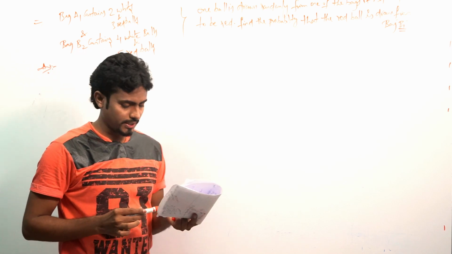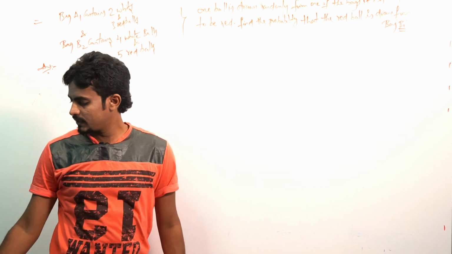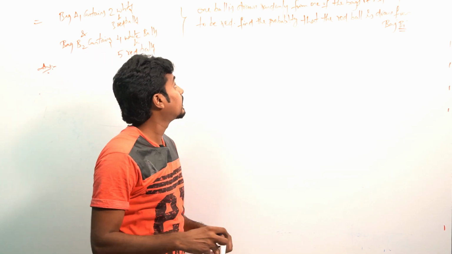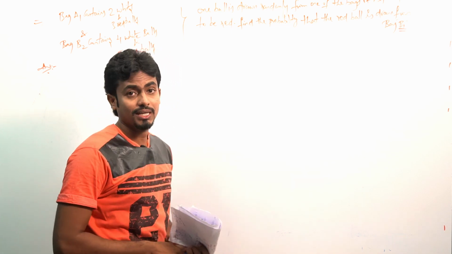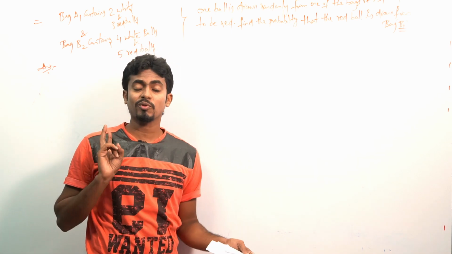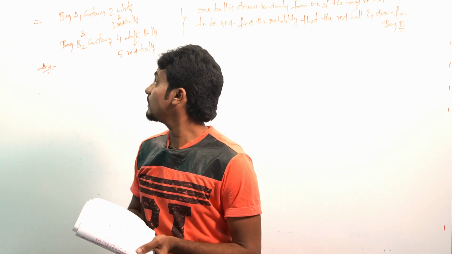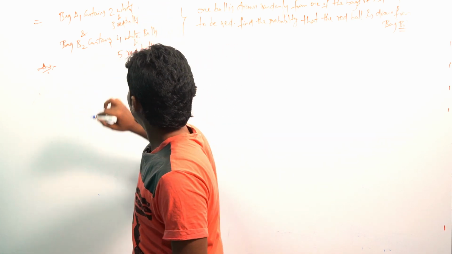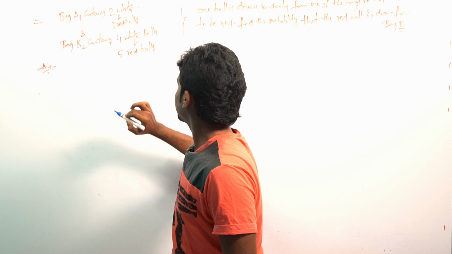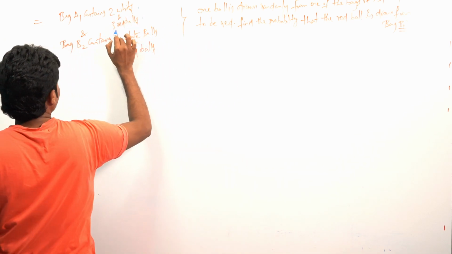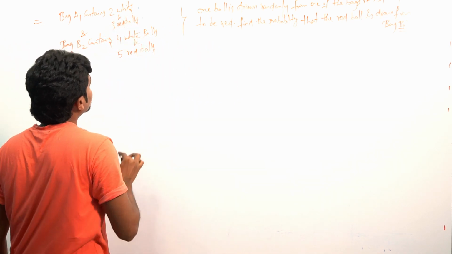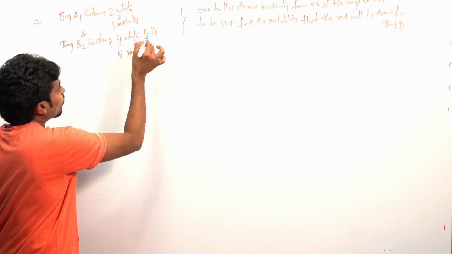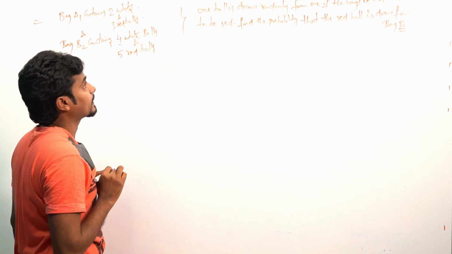So this question is the same as the previous question. Here, what will they give? They will give bag A1. Total number of bags is 2. Bag A1 contains 2 white balls as well as 3 red balls, and bag B2 contains 4 white balls and 5 red balls.